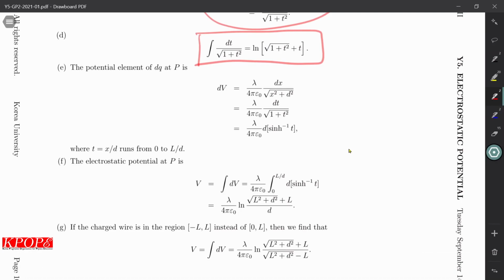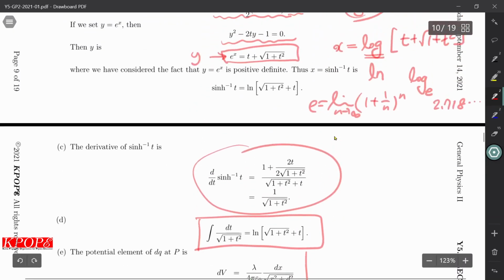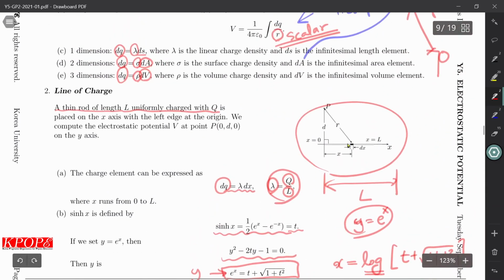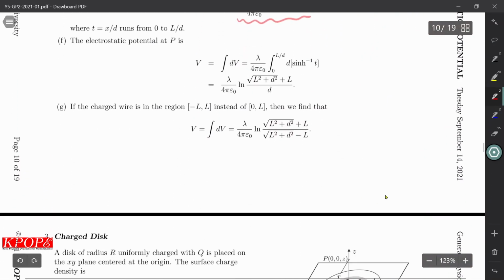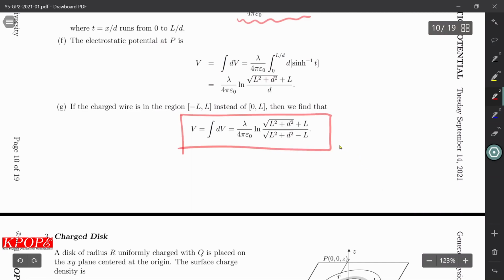Alright, so you follow this calculation, you end up with this one. Therefore, this is related to the inverse hyperbolic sine function. Finally, substituting the explicit values for the range of x, which ranges from 0 to capital L, you'll find the electrostatic potential of the system is expressed in this way.